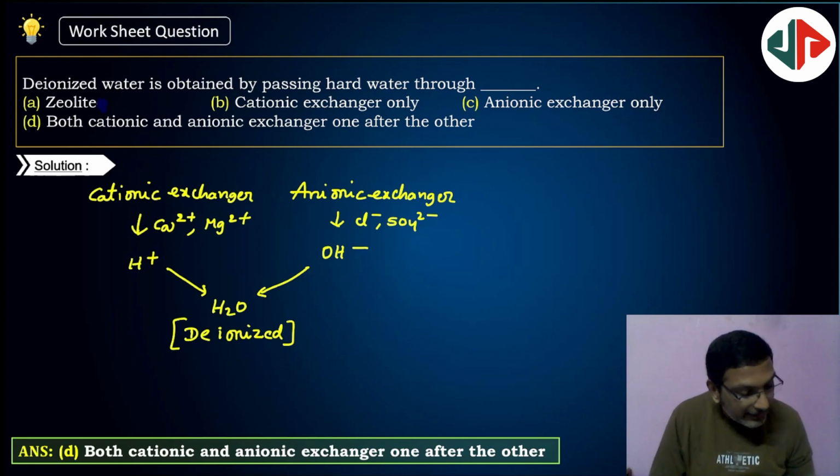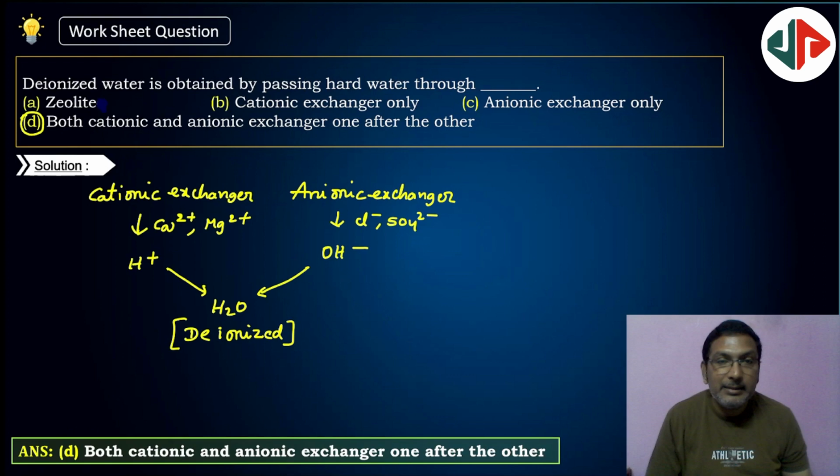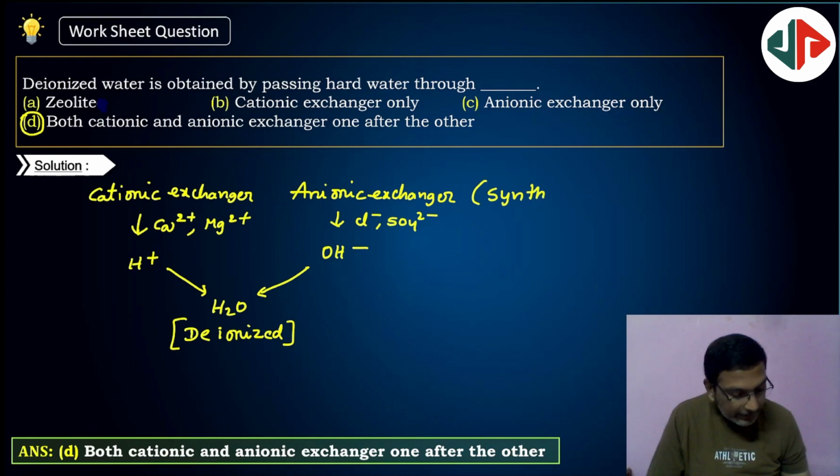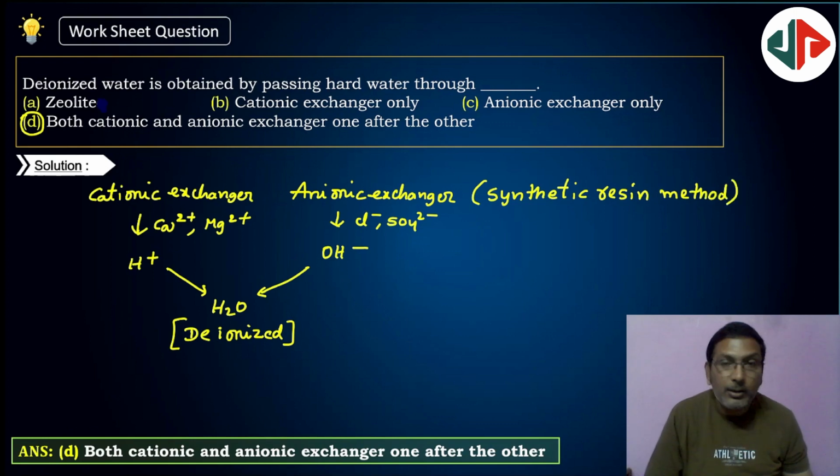Therefore option D, both cationic and anionic exchanger one after other. So the synthetic resin method, or organic resin method. Very, very important. Option D.